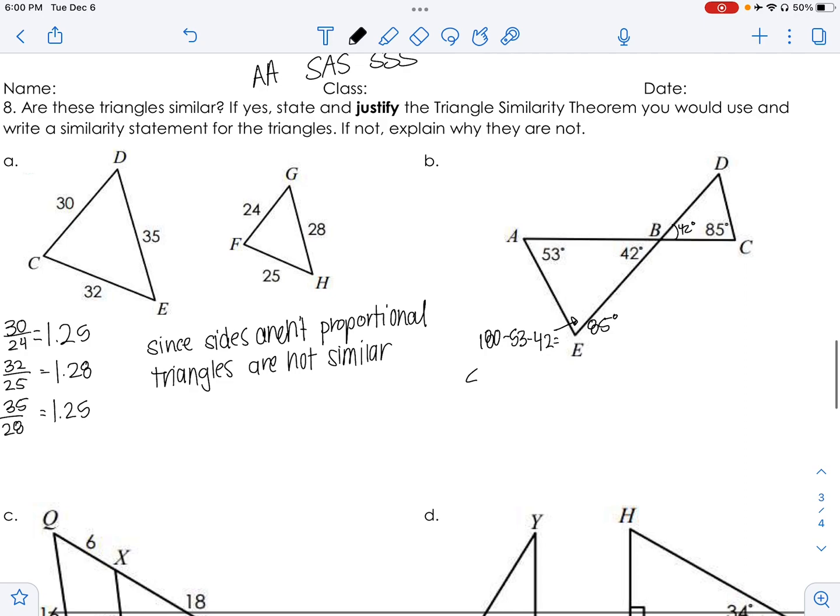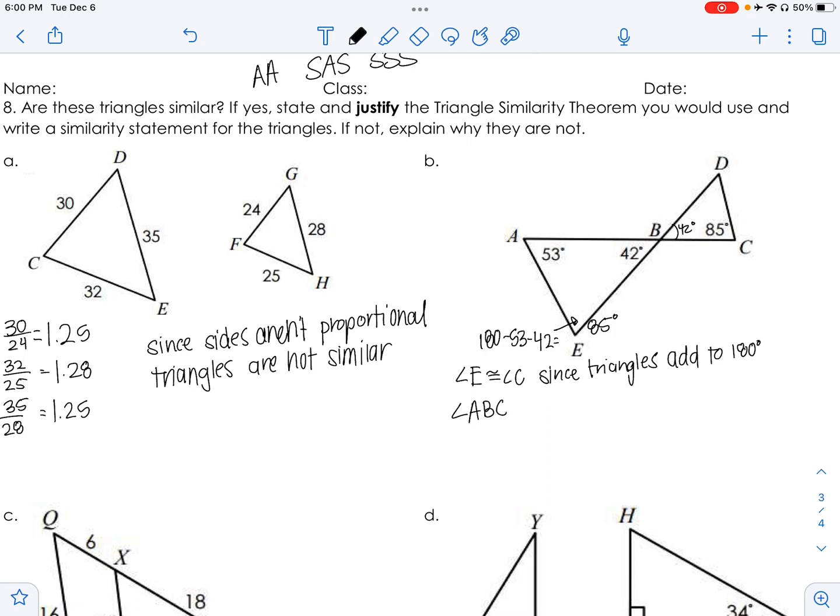So this is how we would list out the proof. Angle E is congruent to angle C, since triangles add to 180. So this is part of the justification. And then angle ABC, or ABE, is congruent to angle DBC because of vertical angles.